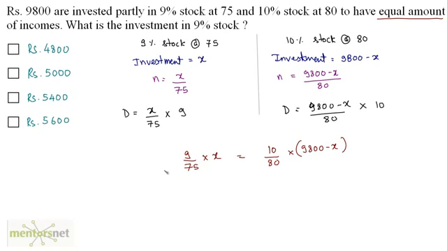Now if you solve this equation, which I'm not going to solve to save time, you'll get the value of X as 5,000, right? And that was the amount that was invested in the 9% stock. So the answer is option B.